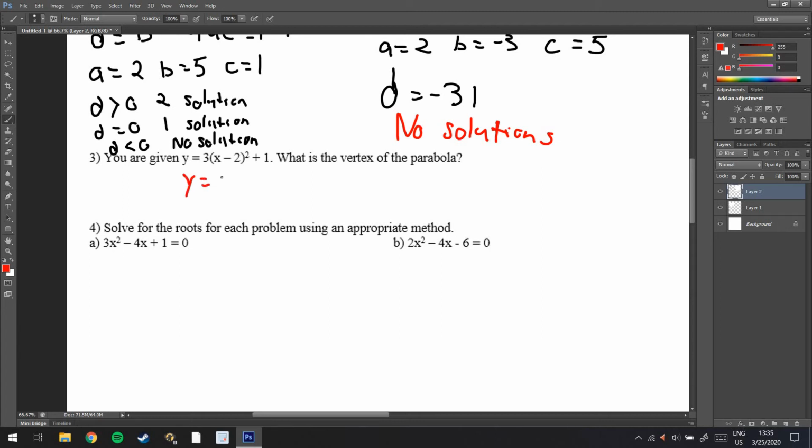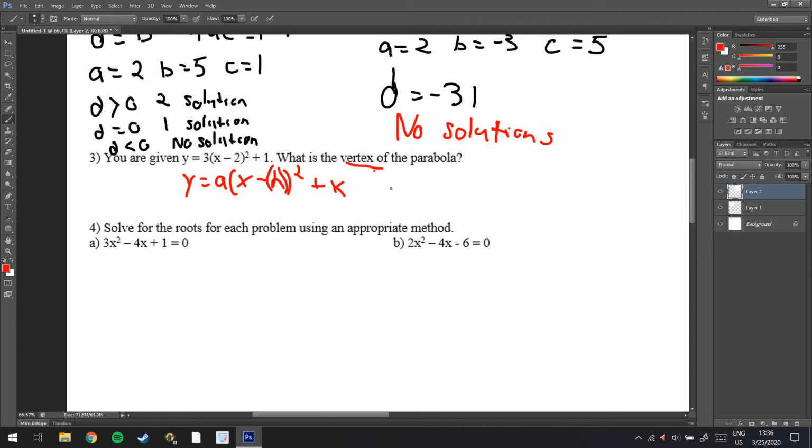So vertex form is written as y equals a, parentheses, x minus h, I like putting h in parentheses so I can tell if it's a plus or minus h, squared plus k.